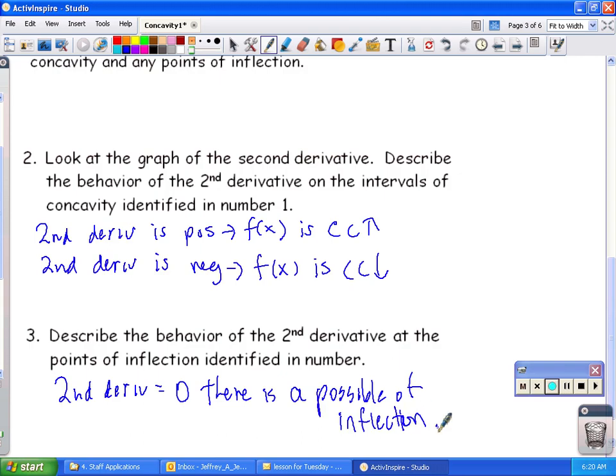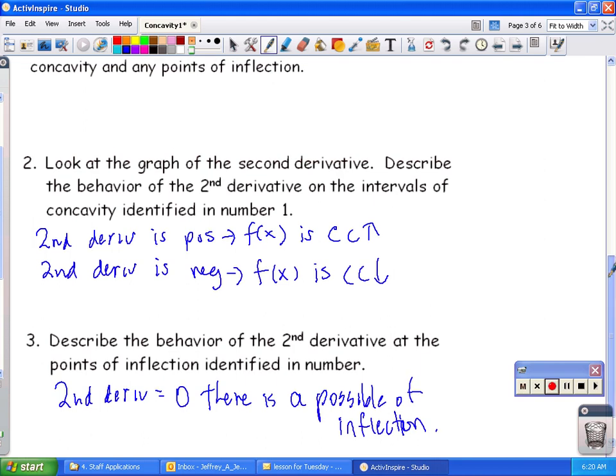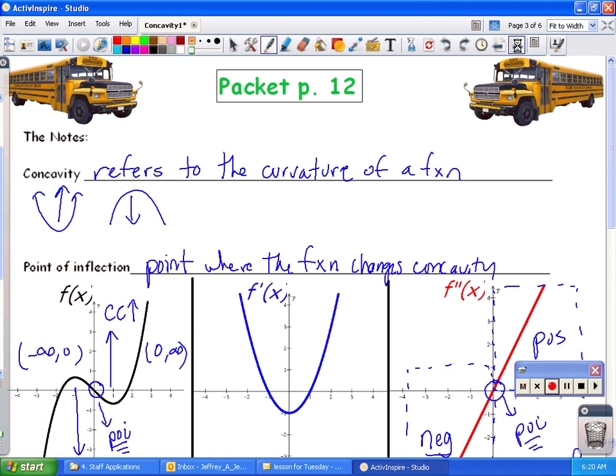We have to find the critical numbers, and the critical numbers don't guarantee local maxes and mins, they simply are possible local maxes and mins. That's the same case with the second derivative. The second derivative can identify possible points of inflection, but it's our job to determine whether they actually are points of inflection. Alright, now let's move on.